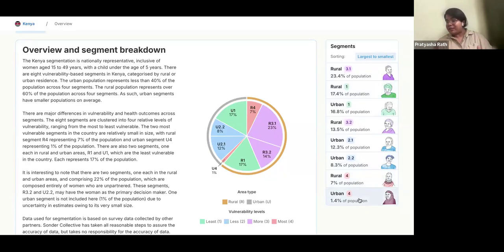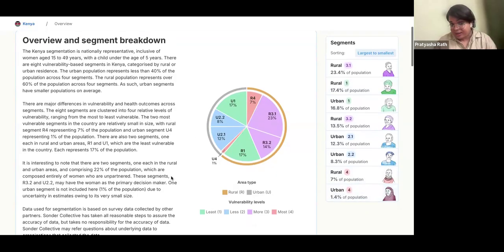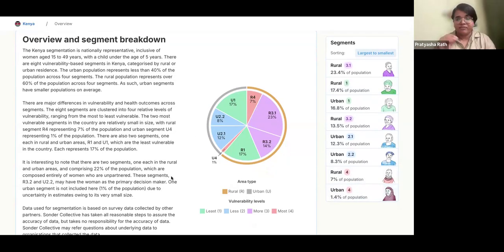That just means finding them will be more difficult, but 2 among them are already the most vulnerable. So they are small because they are difficult to find, but at the same time, they are the most vulnerable, which could be pulling down indicators substantially. There is a small write-up here as well, which could give you a very quick snapshot of the segmentations and some broad learnings around this.